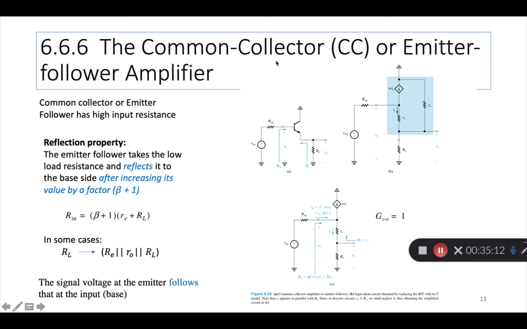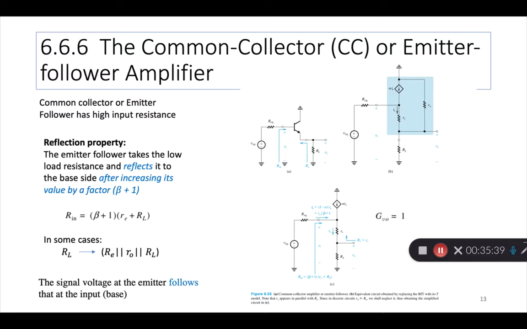If you didn't have this connection, if you just looked at a common emitter CE amplifier, Rin is basically r_pi, right? But here, because we connect it in this way, this reflection is possible. Reflection is in both directions. You can look at the load resistance from the input side.